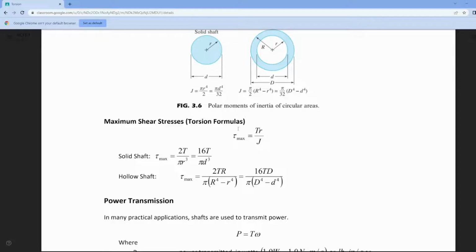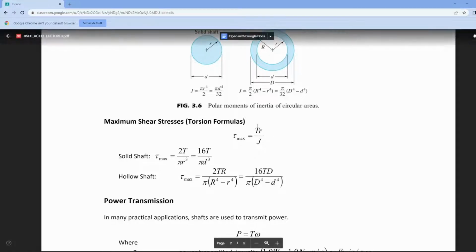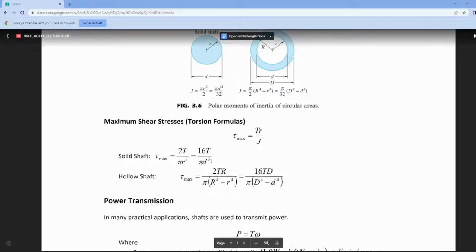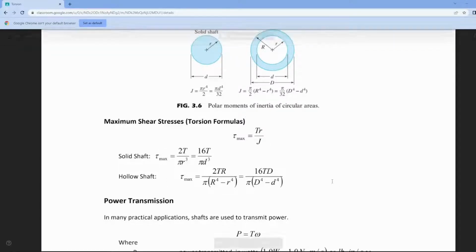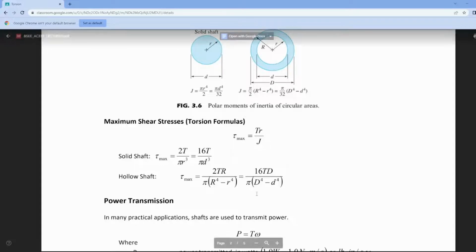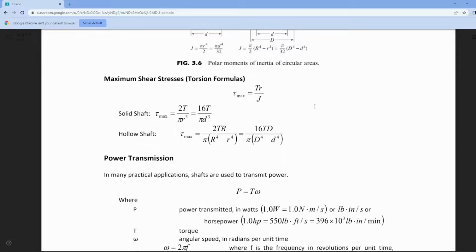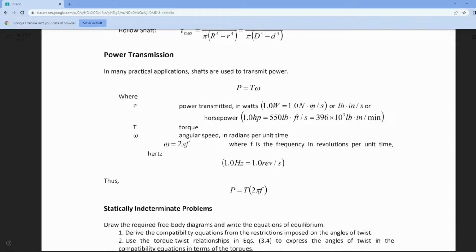That's why the maximum torsional shear stress is equal to T times radius over J. Now, we just substituted the formula for J. That is how we got this formula for a solid shaft and this formula for a hollow shaft. So, you just remember these, or you just substitute. Alright?